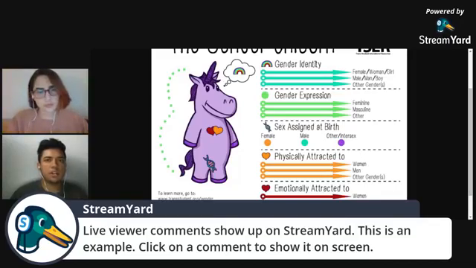What I really like about the gender unicorn is that it's not competing. You see things like female, woman, or feminine, and then you have man, boy, and then other genders, which is really nice because a lot of people think that when you identify with more masculine things, then you can't be feminine or there can't be femininity in that.